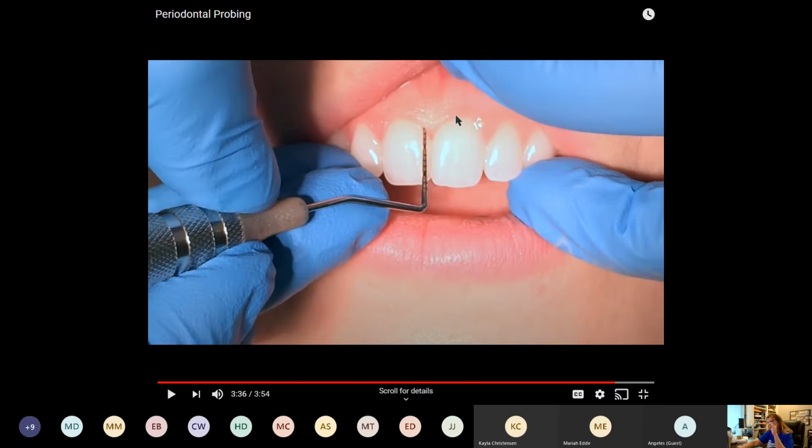You're not going to start thinking about the numbers until you get to the distal line angle. Then you take that reading, deepest in there and there. Then you take the deepest reading between here and here, and then the deepest between here and here.